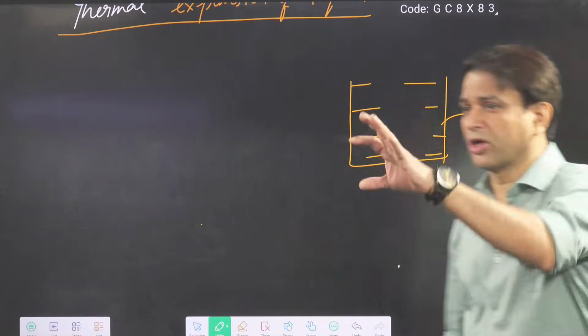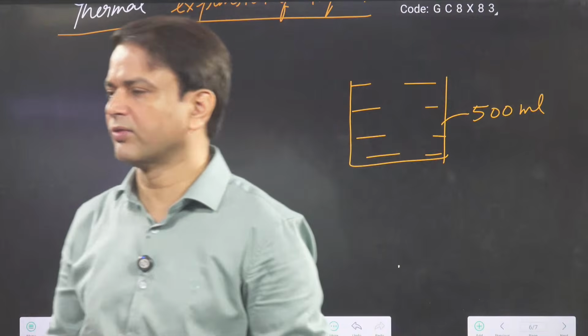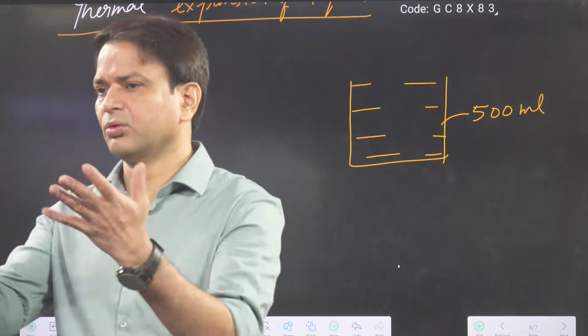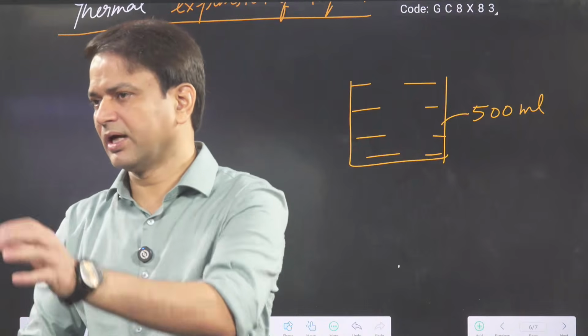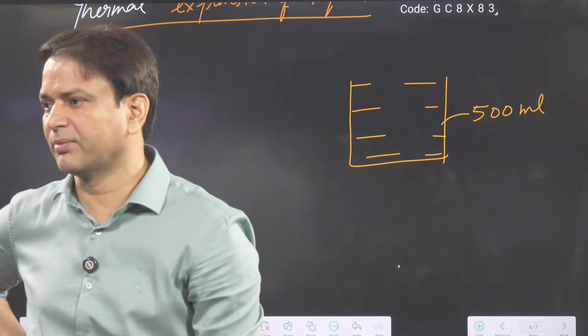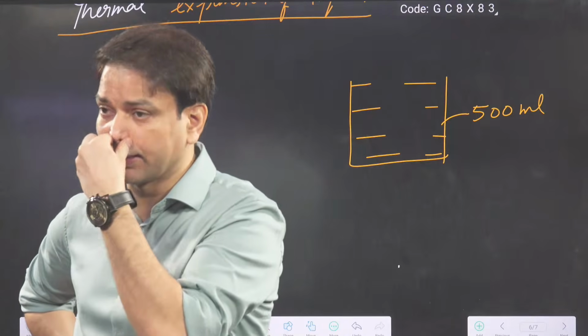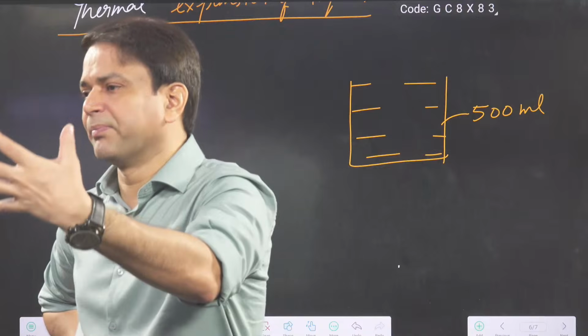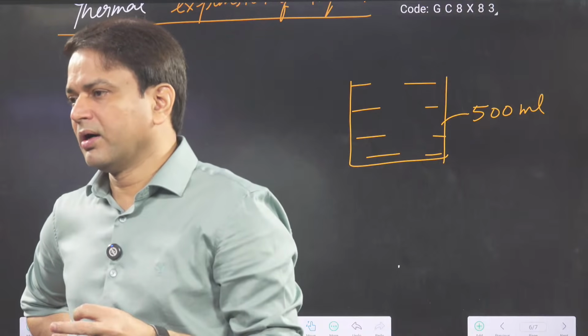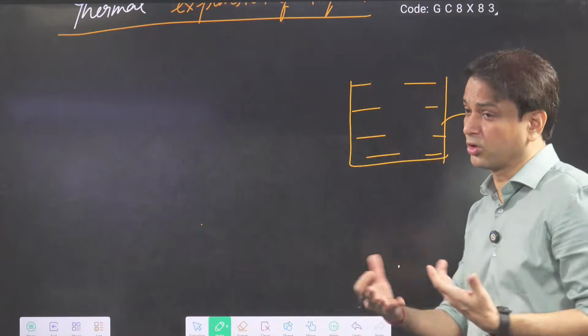Now one small example I am taking. I took 500 ml of water in the container whose capacity is 500 ml. Now I start heating this container and the liquid. After raising some temperature, the container is solid and will also expand.